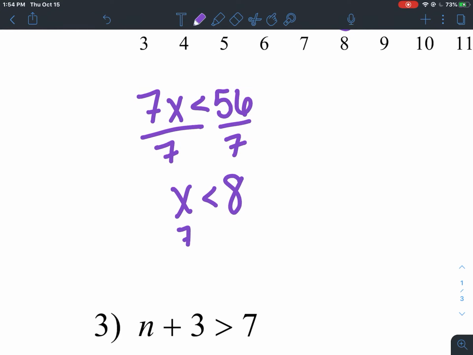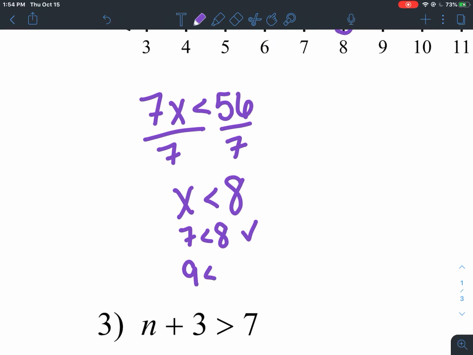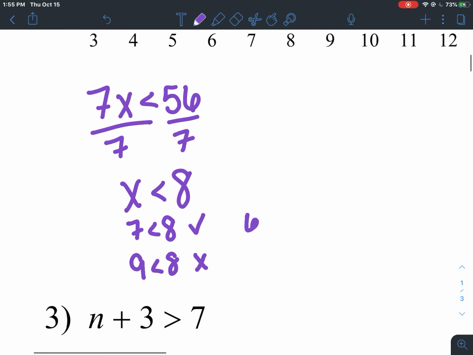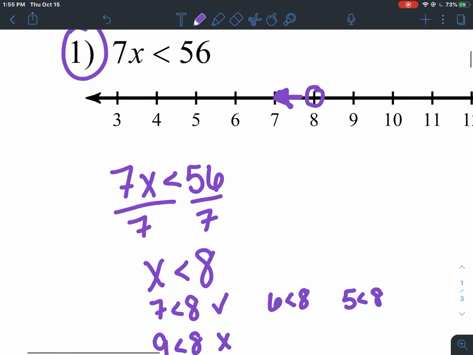Okay, so let's see. Is 7 less than 8? Yes, it is. Is 9 less than 8? No, it's not. So it looks like we're going this way, because 6 is less than 8, 5 is less than 8, and so on and so forth.